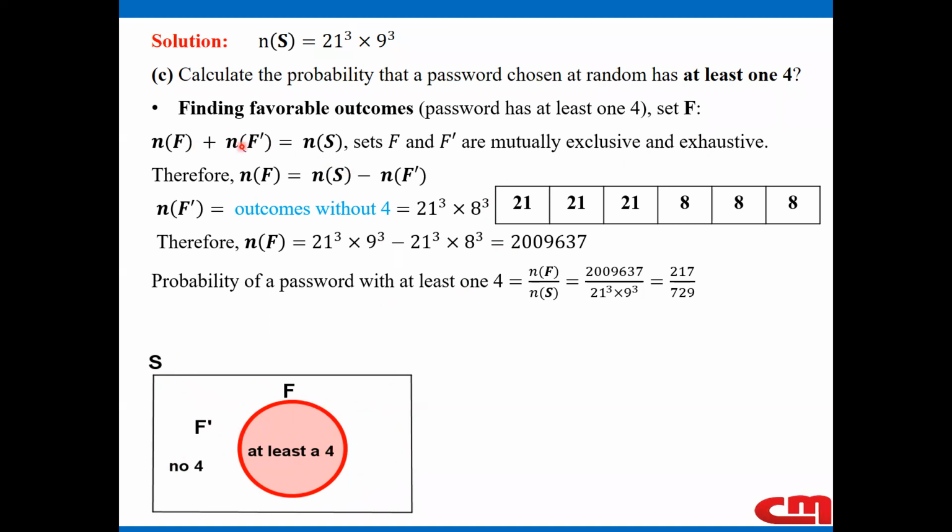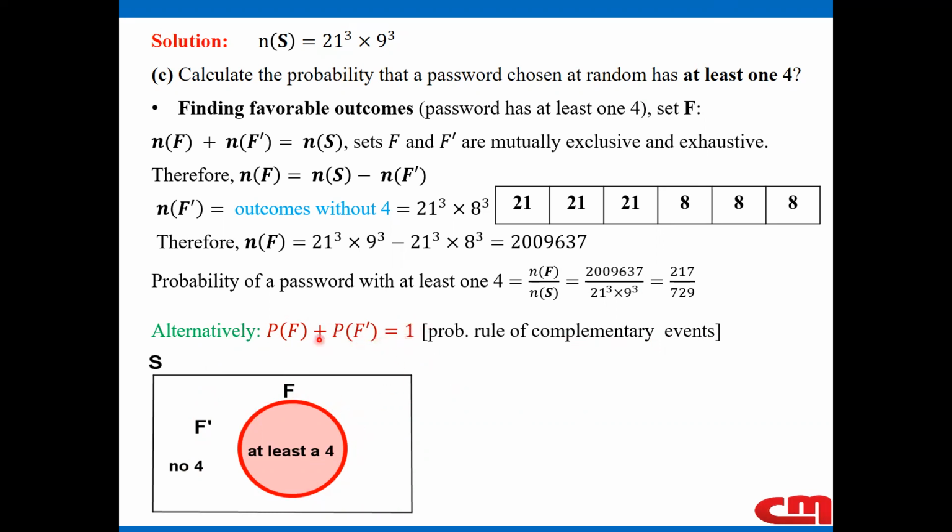Now I wanted to use the idea of the two sets, F and F complement, being complementary in terms of probability. So as an alternative method, let us use the probability rule of complementary events. That is, the probability of F plus the probability of what is not in F should give us 1.